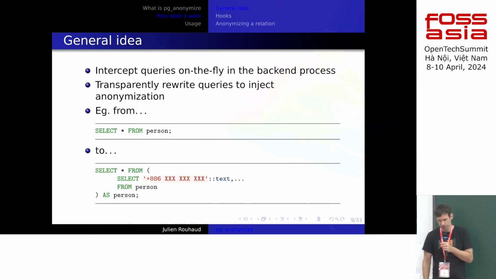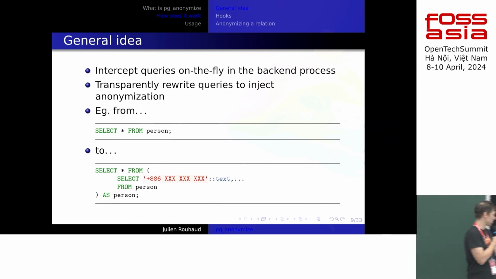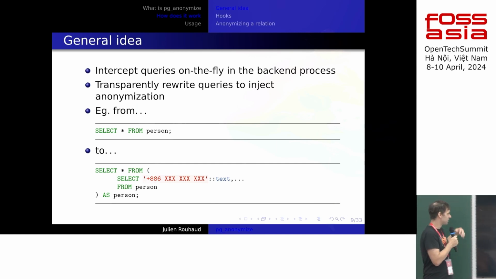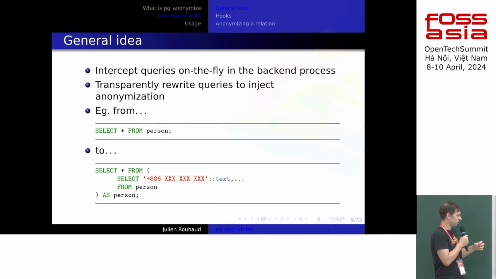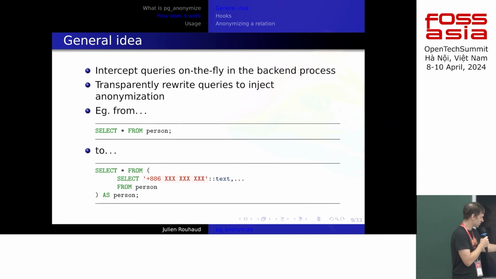So now let's see how the extension works. The general idea is to intercept the query that is happening on the backend automatically. For instance, you do a select star from person, and the extension will rewrite the query automatically and transform it to something that injects the anonymization. So here, for this very simple example, the extension will rewrite the query as select star from a subquery.